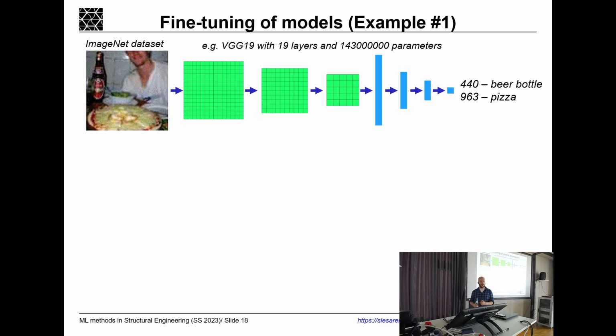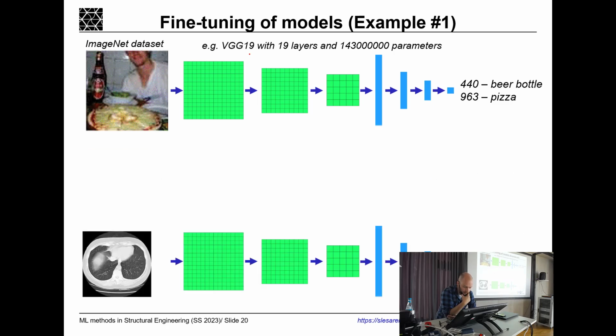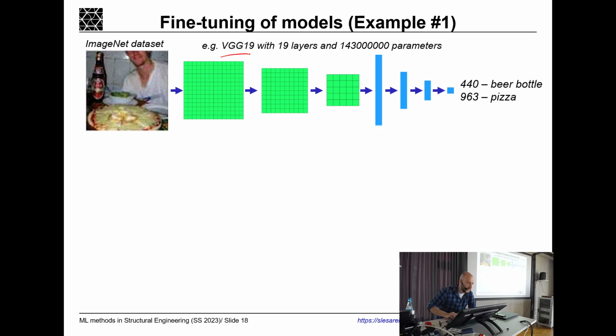If you have a very big model, in this case we consider a model called VGG19, it has 19 layers and 143 million parameters. Then I can feed an image from the ImageNet dataset.